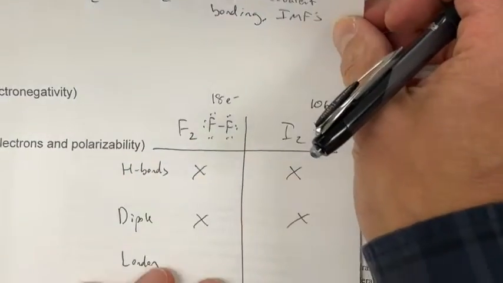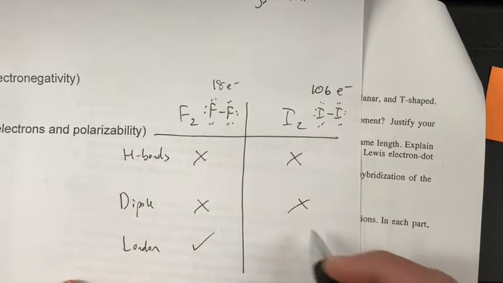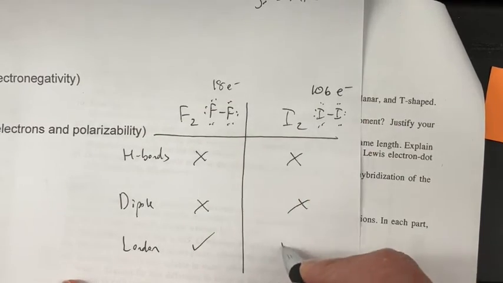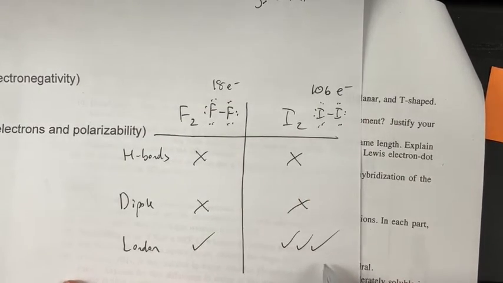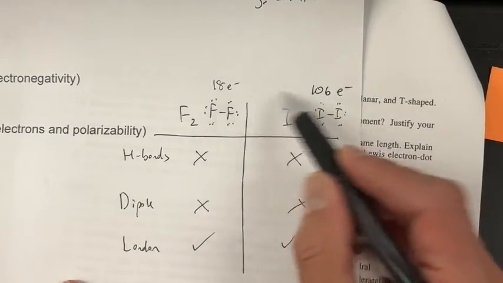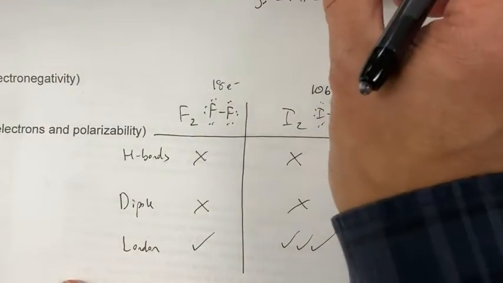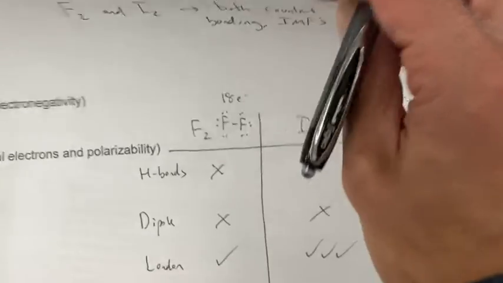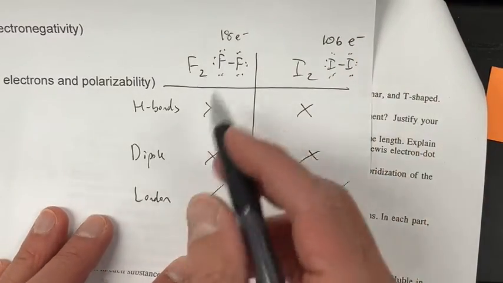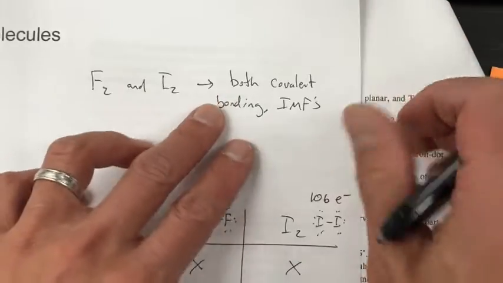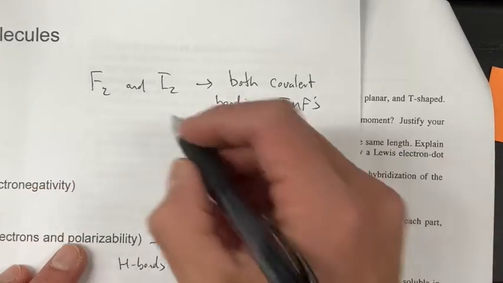So, do they have London forces? Yes. Does this have London forces? Yes. A lot of London forces. This one has so many more electrons than that one. So how I start writing this is: they're both covalent. They both have intermolecular forces.